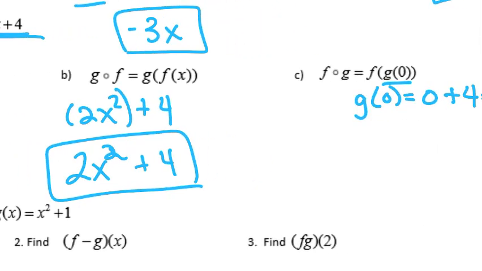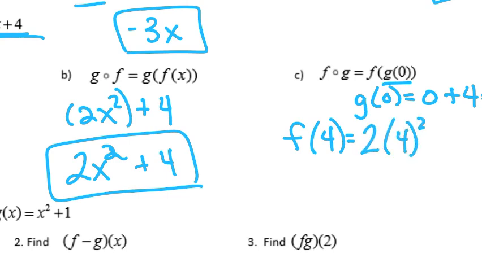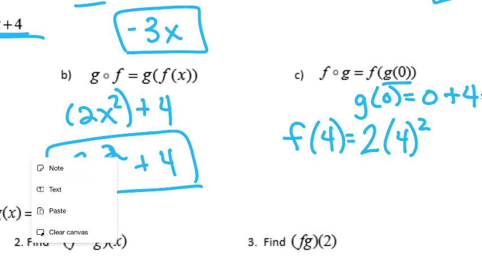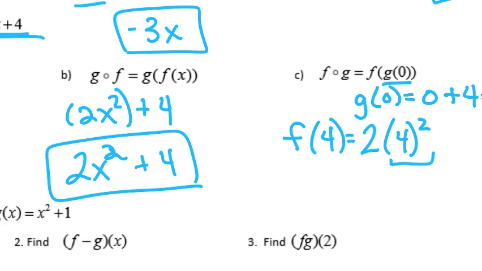So f of 4, and it's 2x squared. So 2 times 4 squared, because our function was 2x squared. So all I can do here is go ahead and do the power of 2. So it'd be 2 times 16, which equals 32.